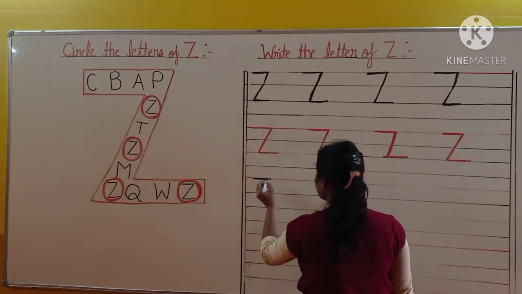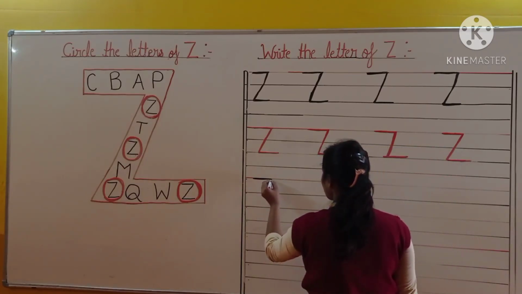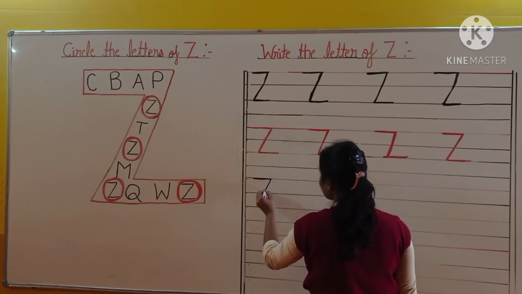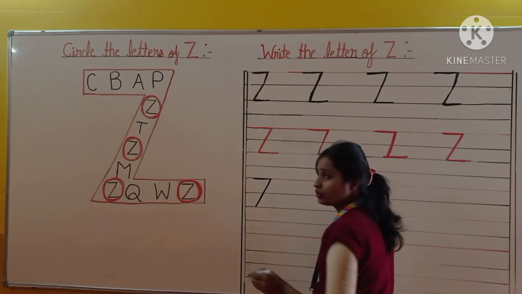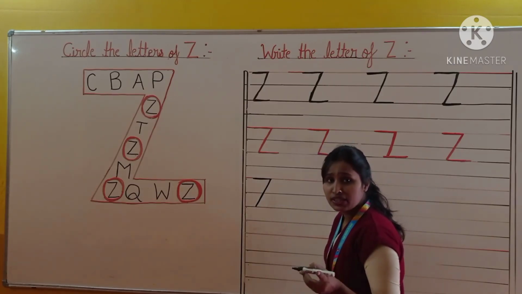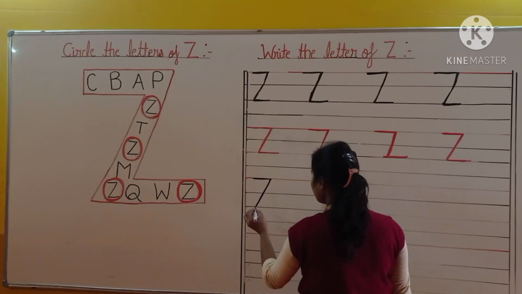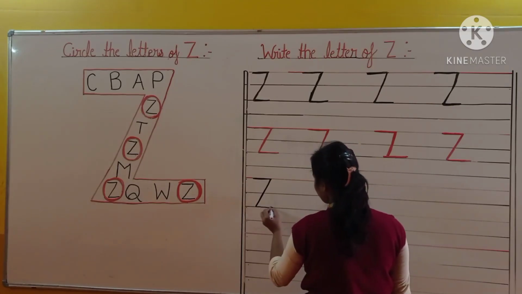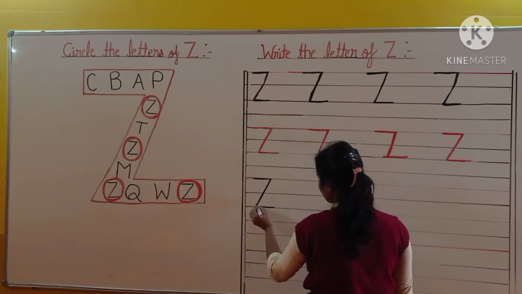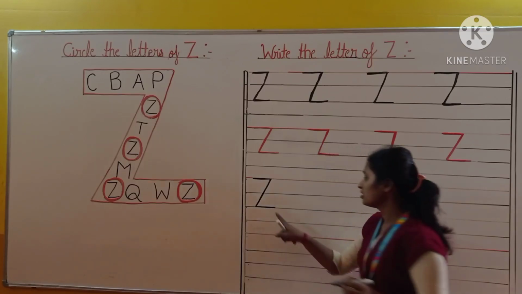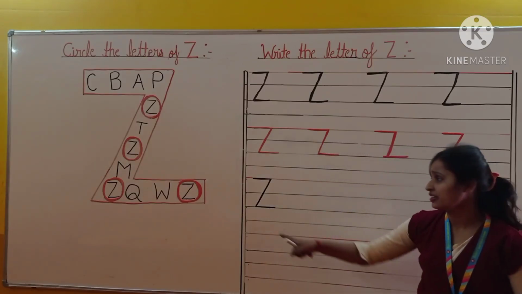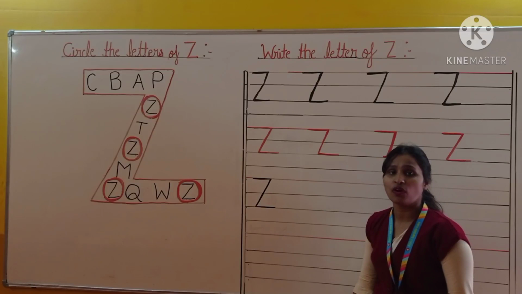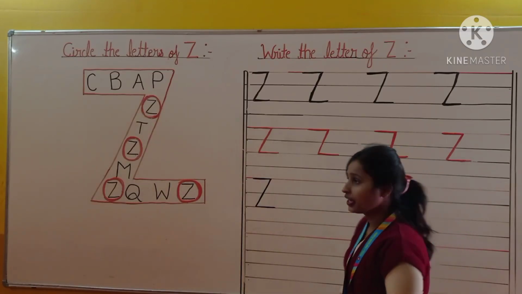Then draw a slanting line down. After that, another sleeping line. This is a capital letter Z. Z is for zebra.